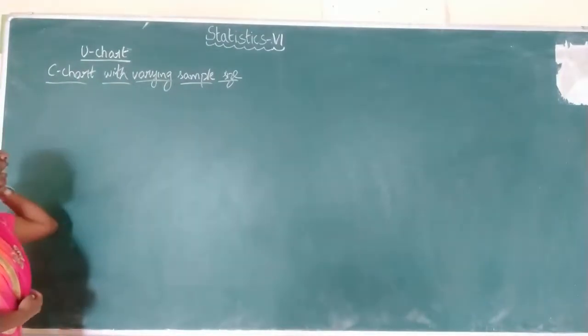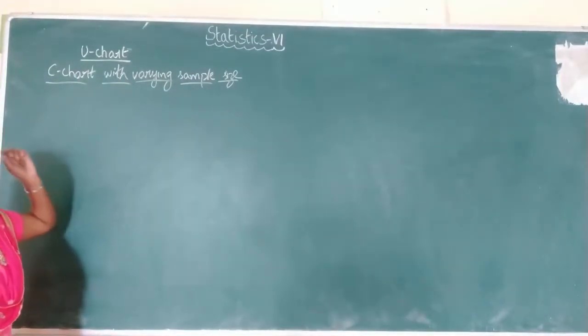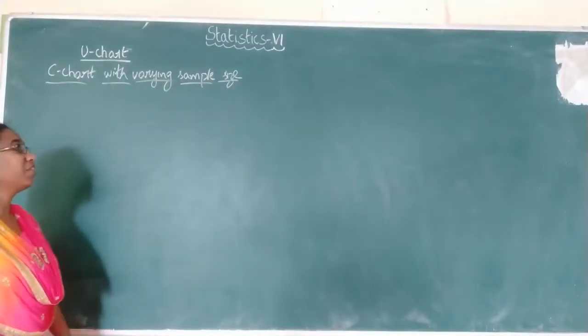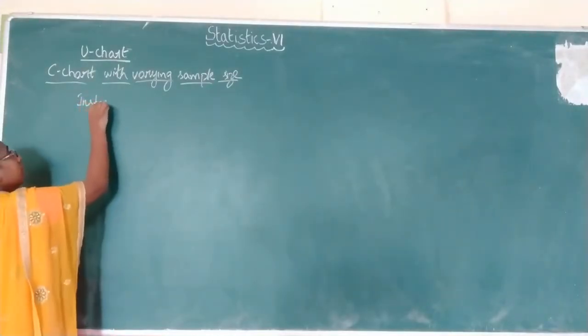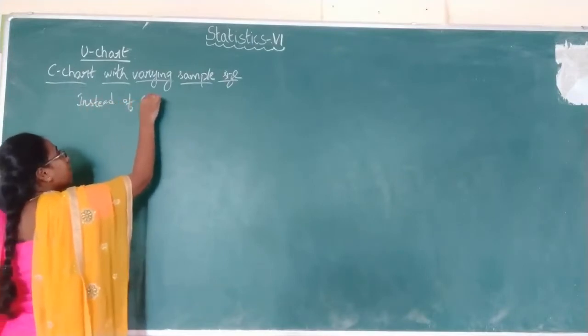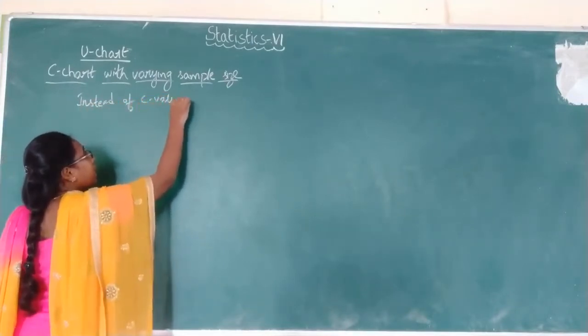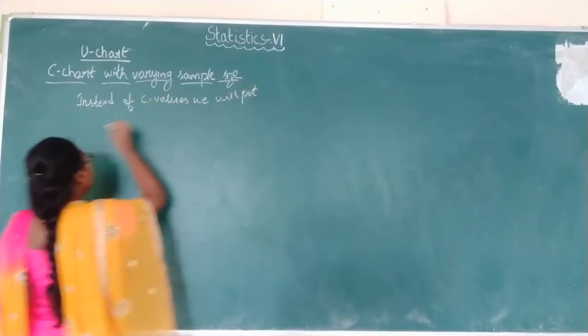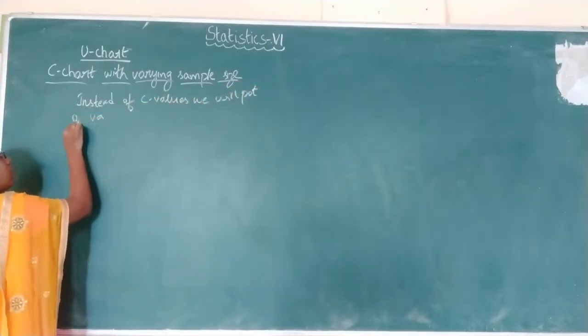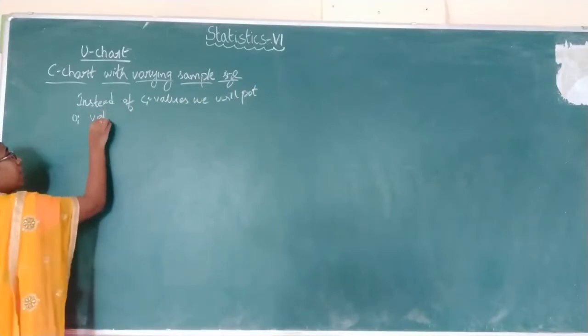In the C chart we plot the Ci values, the number of defects. In the U chart, instead of C values, we will plot the Ui values.